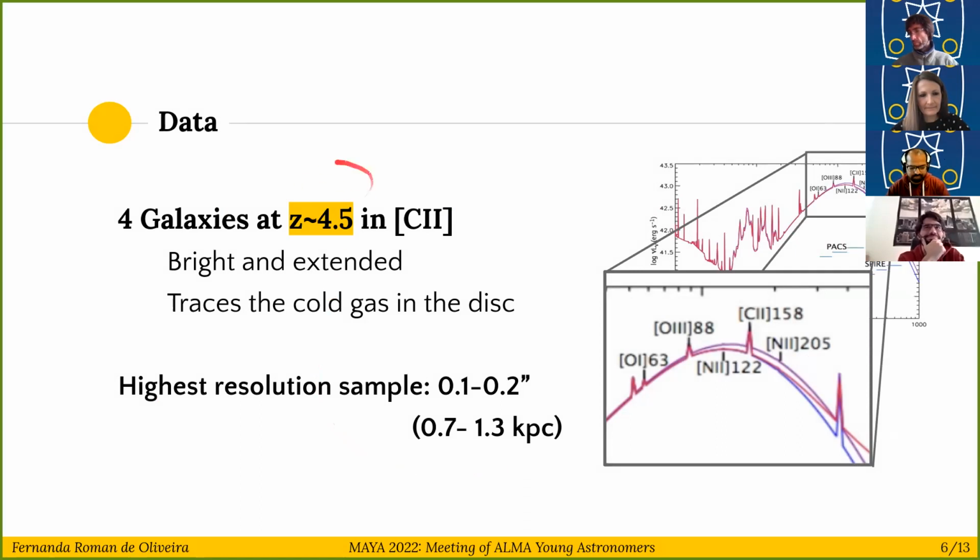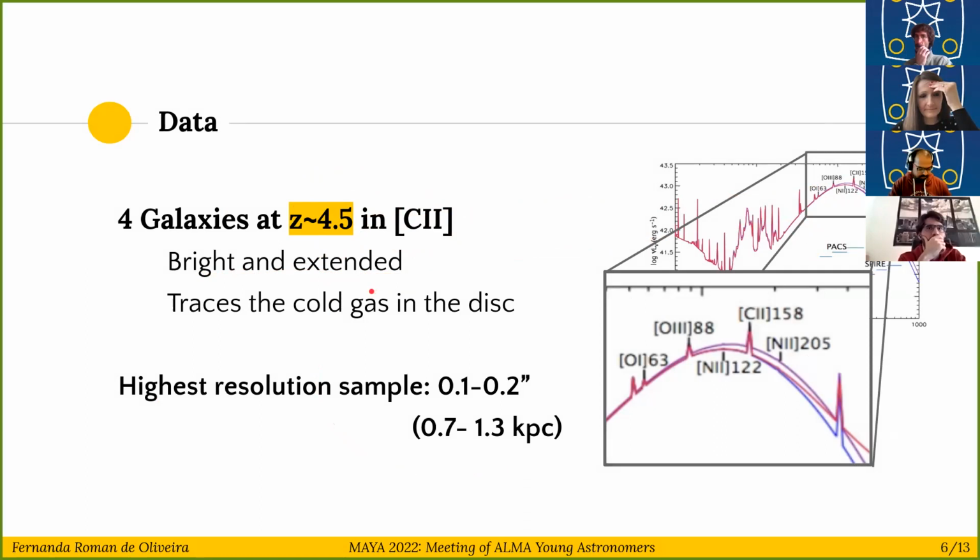We're looking at redshift 4.5, and we're looking at C+. C+ is very important. You can see the emission here, close to the dust continuum. And this is a very good line because it's the brightest line at this redshift. And it's also very extended, much more extended than the CO that traces molecular gas.